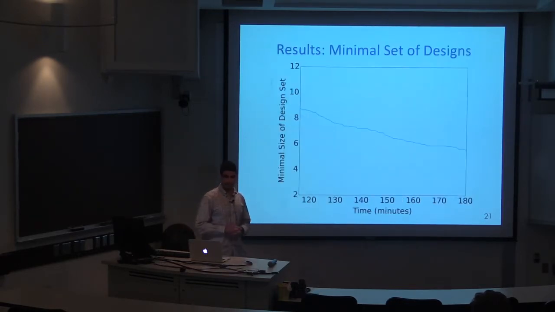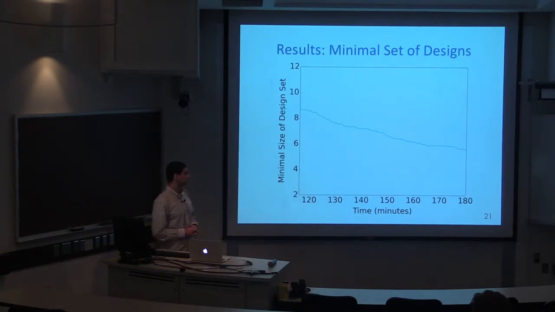And here are the results for minimizing the number of designs required to reach 95% of the lung. After 3 hours of computation time, our algorithm was able to find, on average, a design set of size 5.5 designs that is able to reach 95% of the lung.